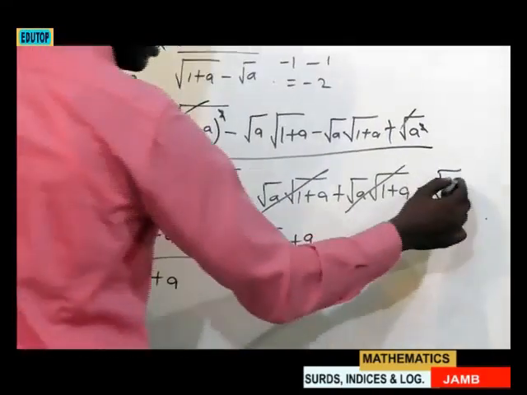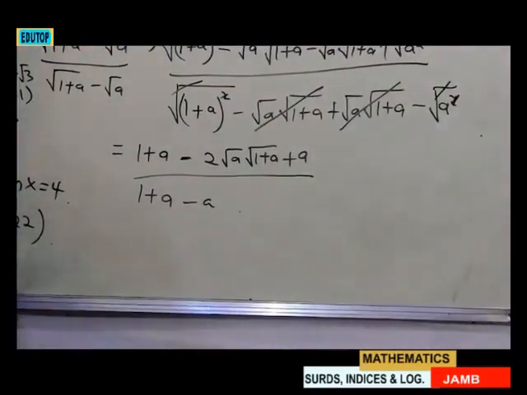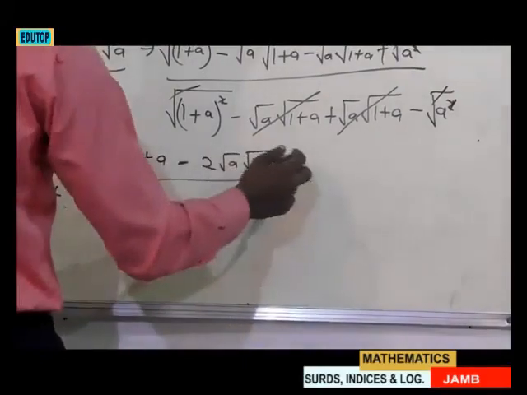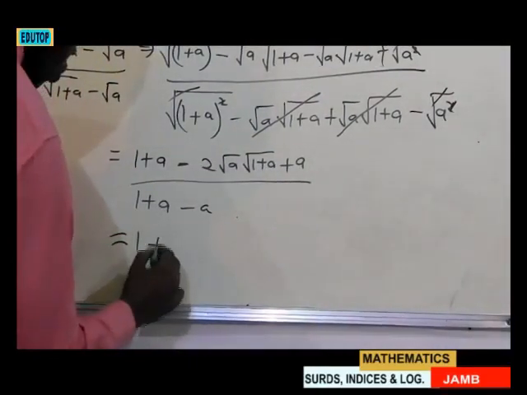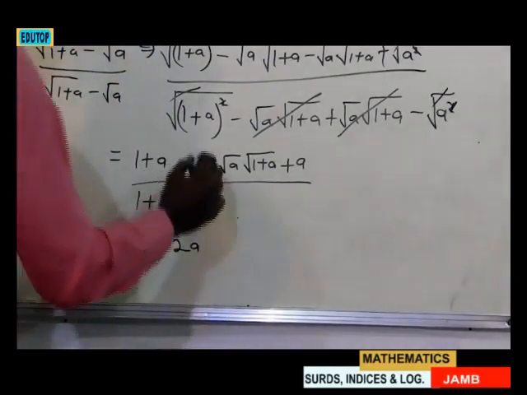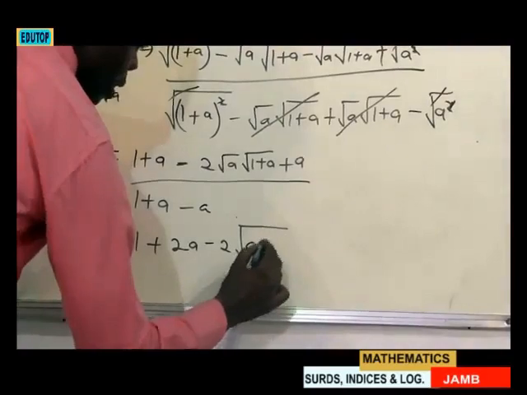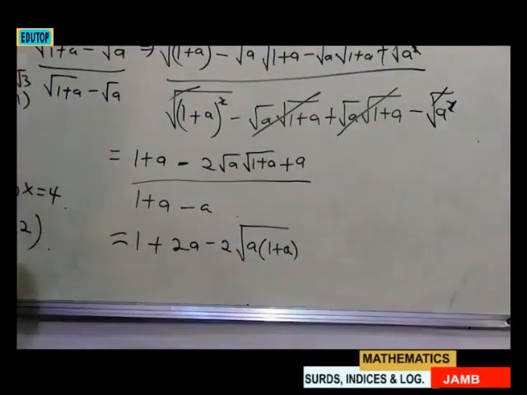Then this square can cancel this, I have plus a. In this situation, I have 1 plus a plus a, 2a. So I can write this one as minus 2 into a into 1 plus a.